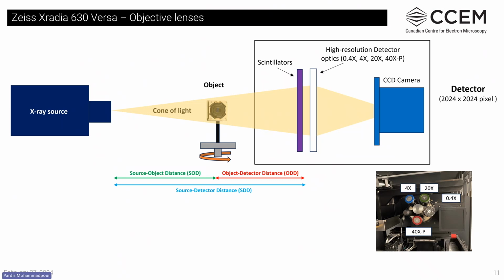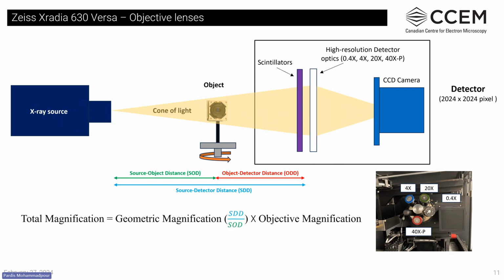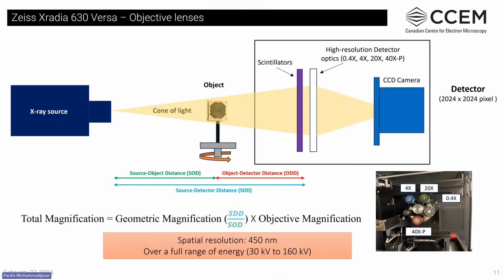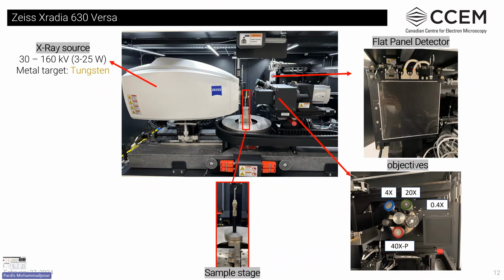Here we have two means of magnification, and the total magnification is the product of optical and geometric magnification. By combining these two magnifications, the system can achieve a resolution performance of 450 nanometers across the full range of energy from 30 to 160 kV.